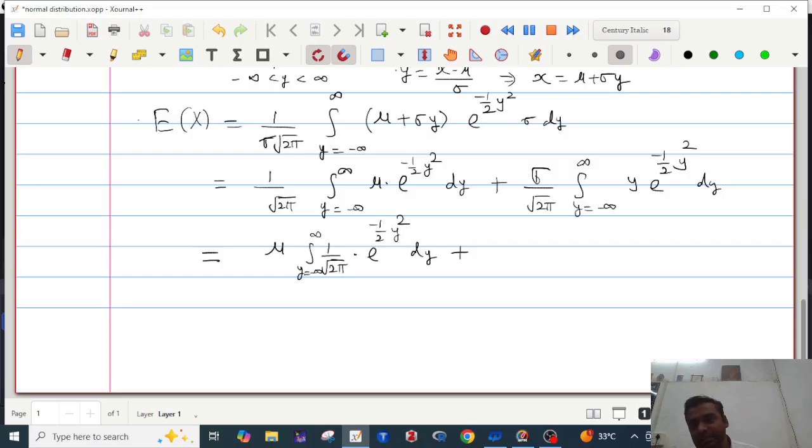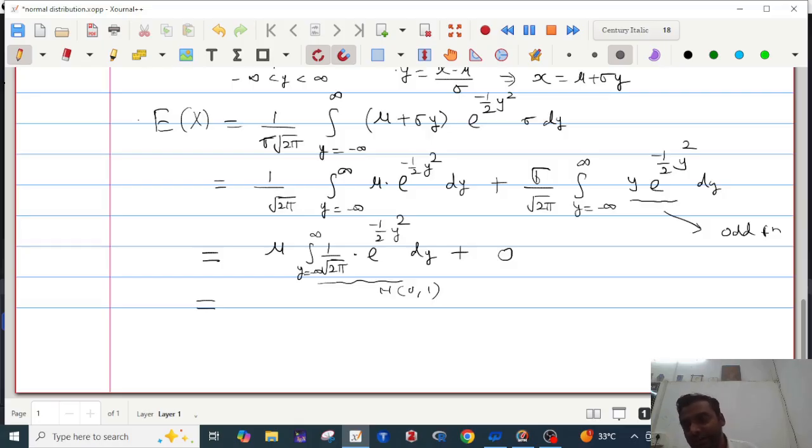Now see, this integrand is an odd function, therefore the value of this integration is 0. Now this is the PDF of standard normal 0 comma 1, and the integration over the entire range of any PDF is 1.